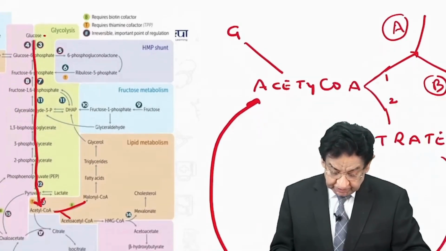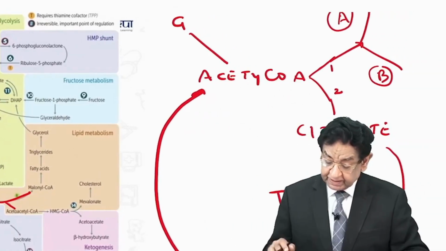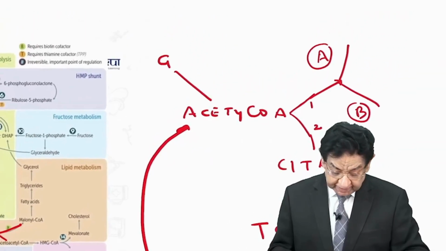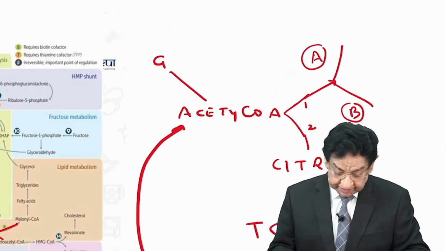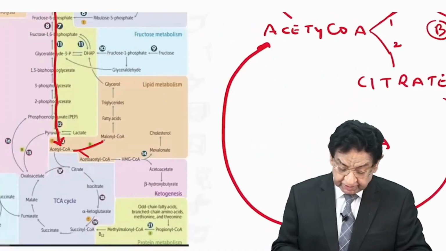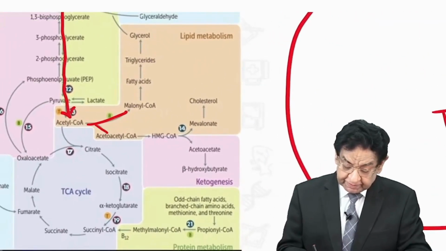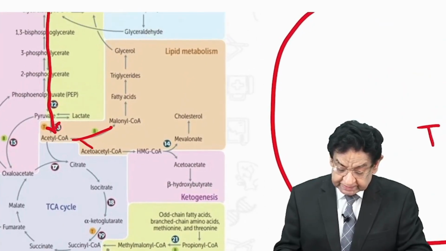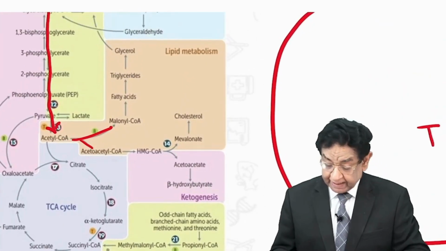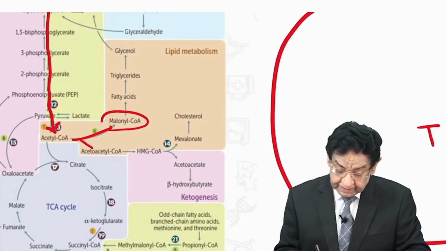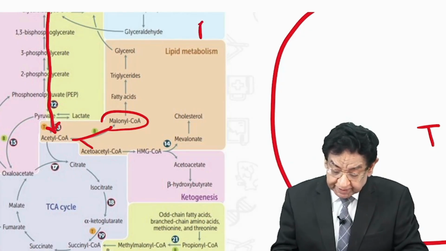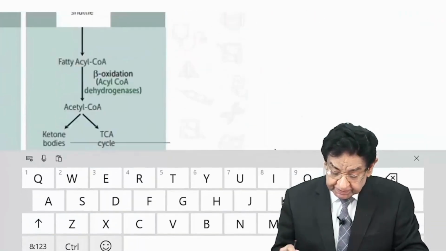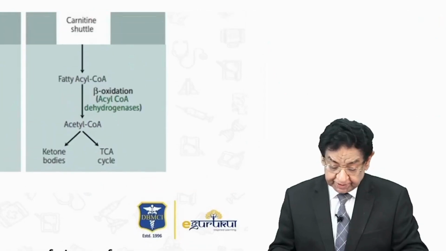In road A, this acetyl coenzyme A becomes malonyl coenzyme A. Now it is written here also. Route A I am talking about. But this step needs B. This B stands for biotin.